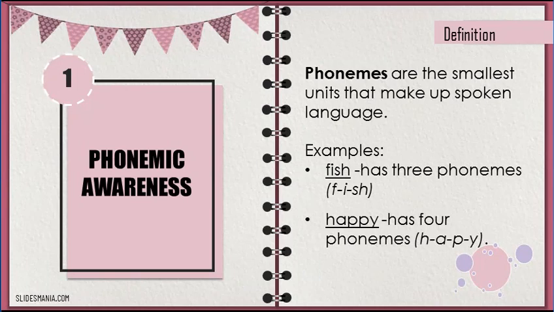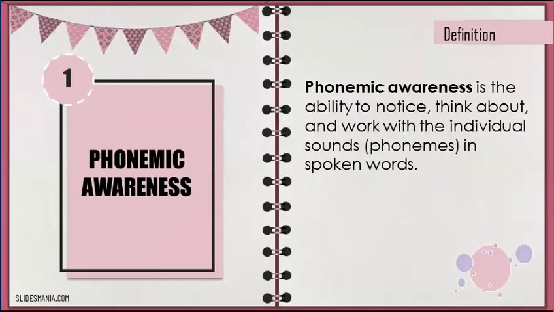For example, the word fish has 3 phonemes, which are f, i, and sh, while the word happy has 4 phonemes, which are h, a, p, and e that makes the word happy.